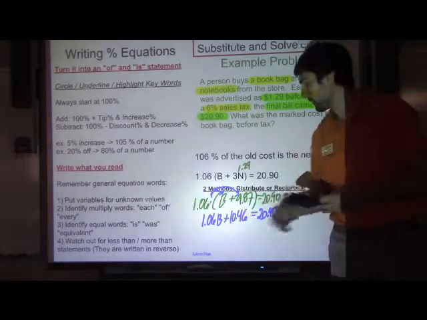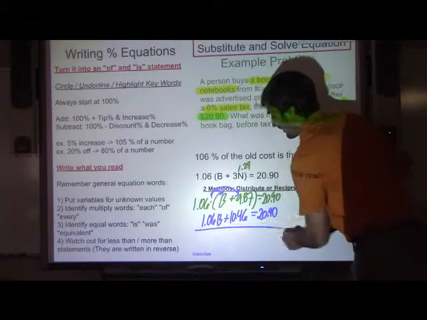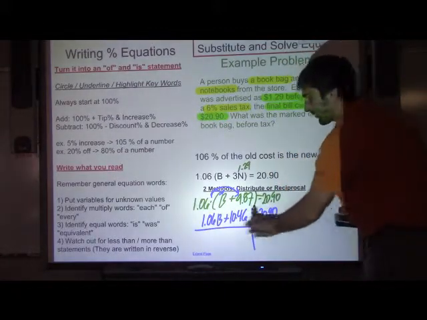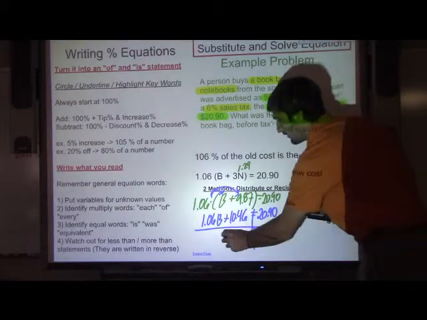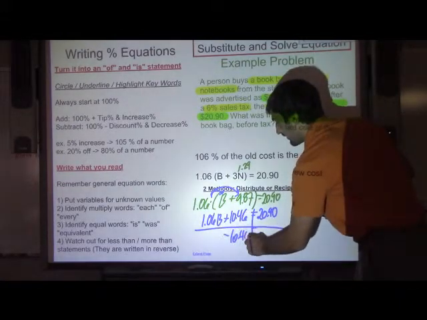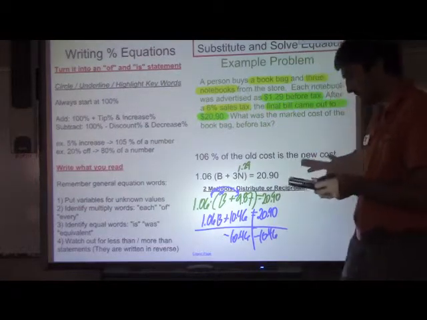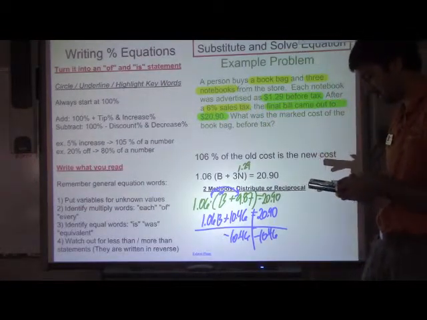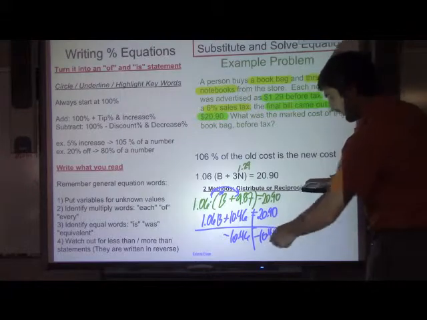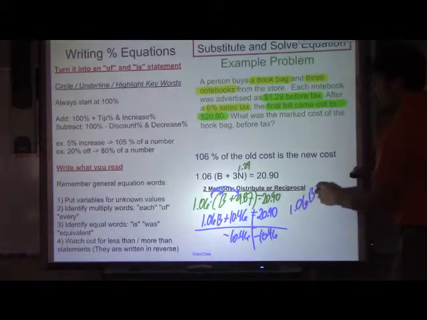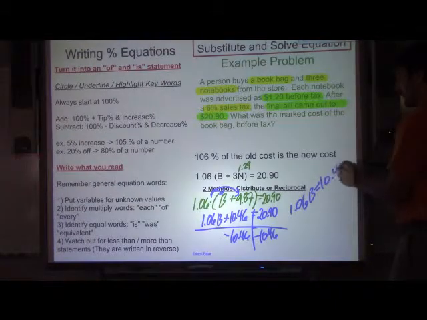Now at this point we have three terms: a B term, a number and a number. We have to move this number with that, so you do minus 10.46 on both sides. That gives you 20.90 minus 10.46, which is 10.44. So you get 1.06B equals 10.44.